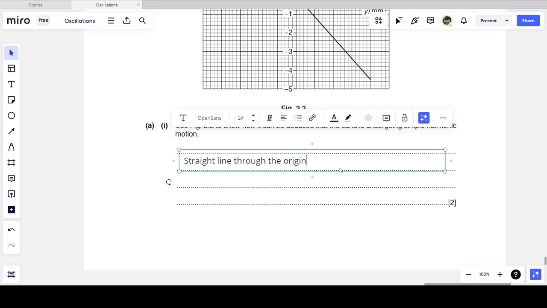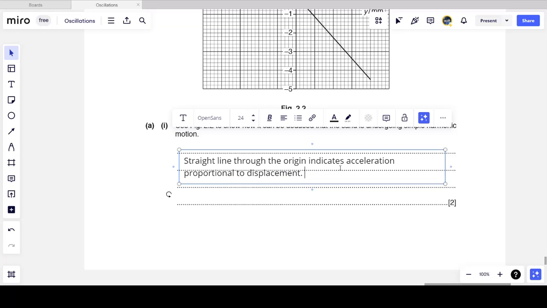That indicates proportionality. So that indicates acceleration proportional to displacement. Again, you're going to write this in a full sentence. I'm writing this in a short form. So the straight line through the origin indicates that acceleration is proportional to displacement.